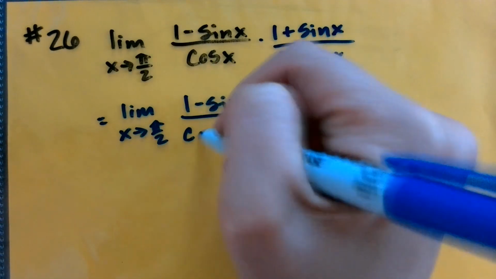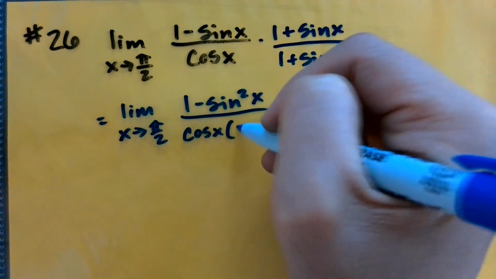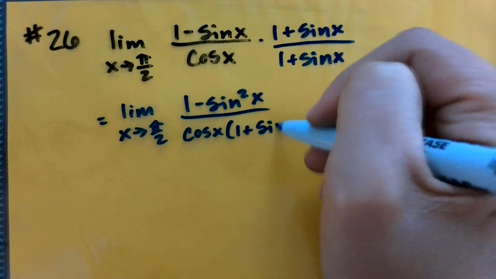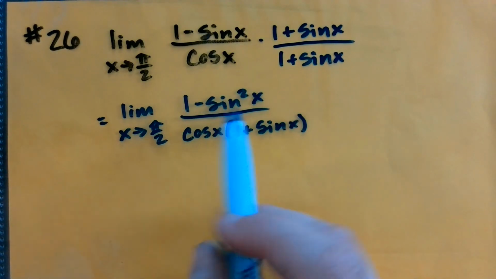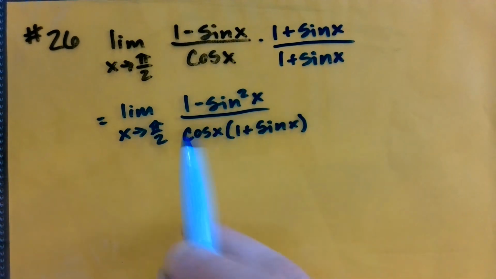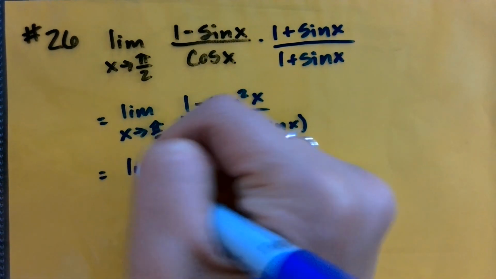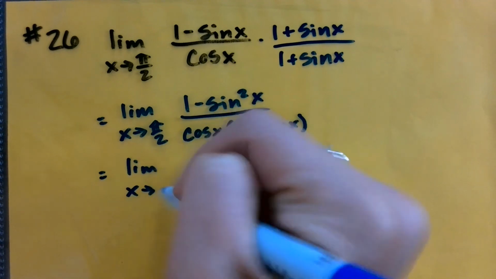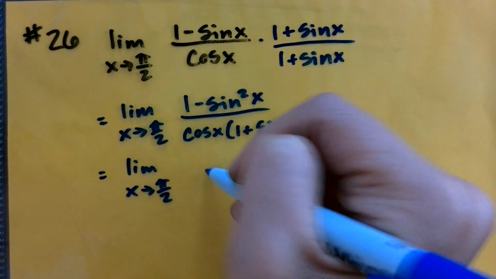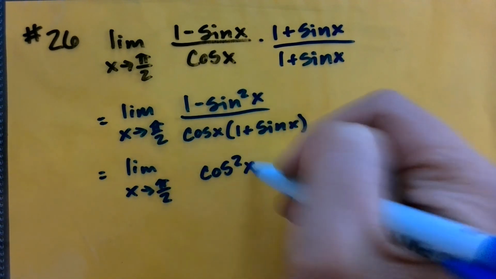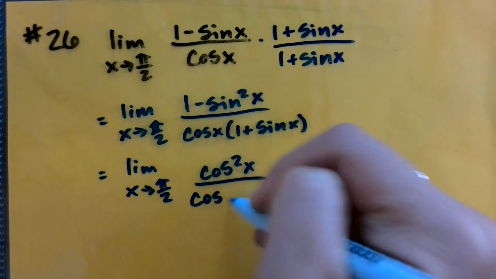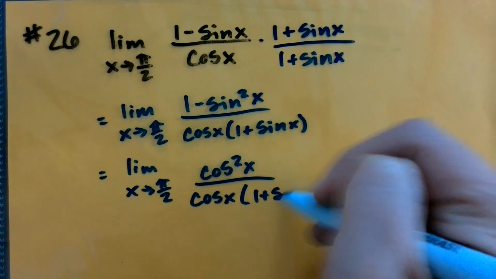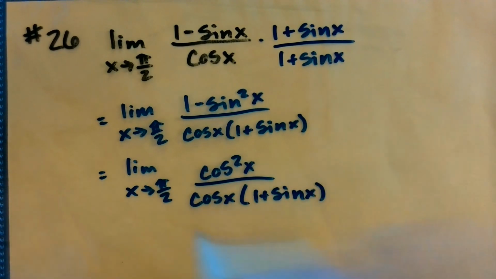And then in the denominator, just like I did with the radical, I'm going to mock multiply, where I'm not really multiplying everything out, just putting them next to each other. So now I can use the fact that 1 minus sine squared, think back to our Pythagorean identities, is equal to cosine squared. It's like we subtracted the sine squared from the other side. And then we are able to cancel one of those cosines.